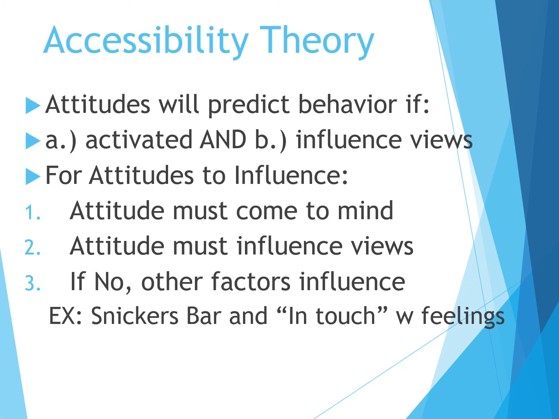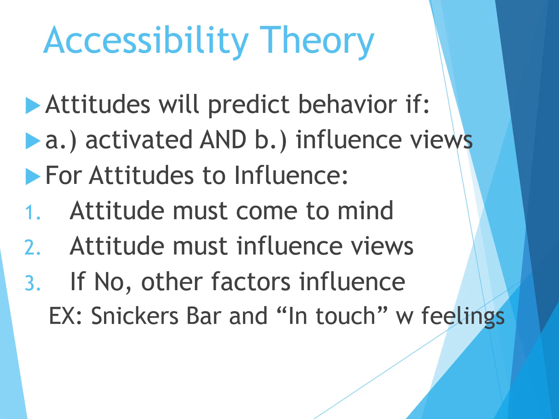The person who's not very in touch with their feelings might just stand there for a while and end up choosing a product based on a whim or based on something that's closest to their eye level or something like that.